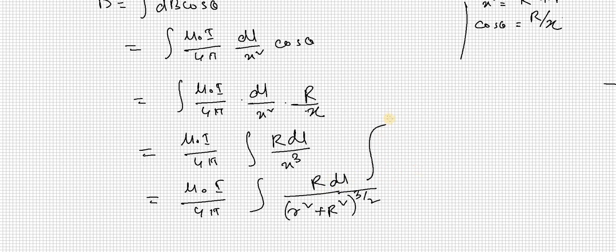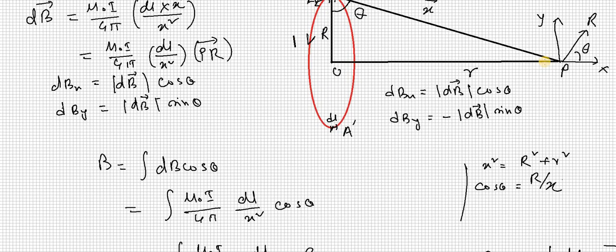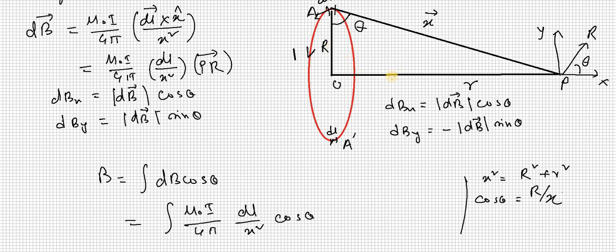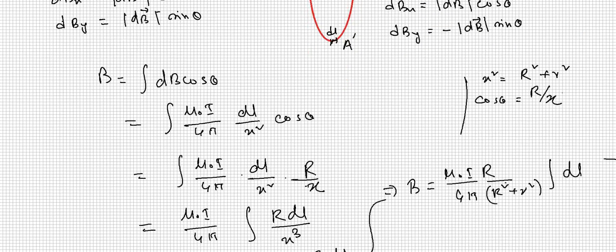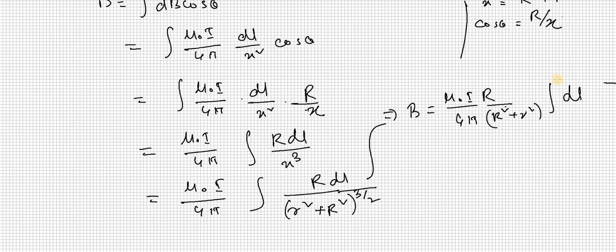So magnetic field B is equal to mu naught I divided by 4 pi, r by R square plus r square to the power 3 by 2, integration dl. As you can see, the radius R is constant and the distance between the point P and O is also constant. So both small r and capital R are constant. So only the integration over the dl part is left.